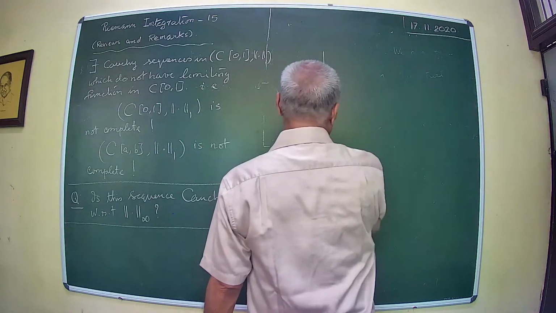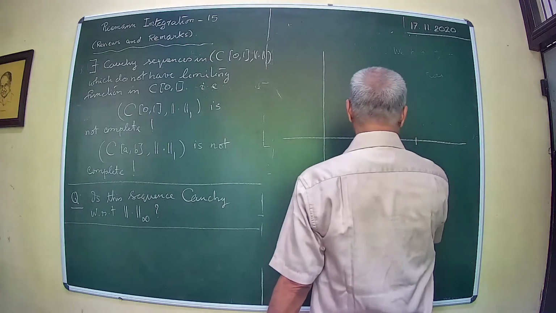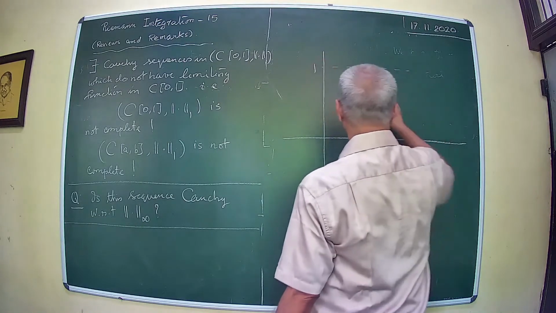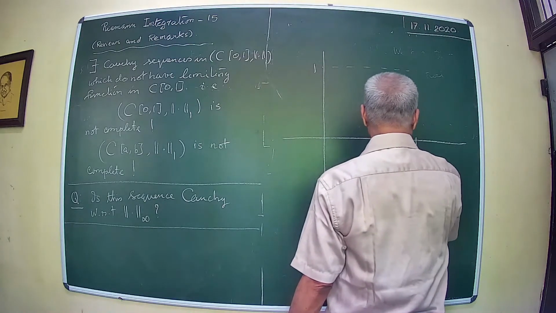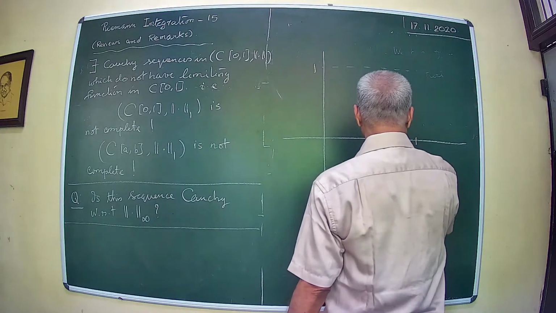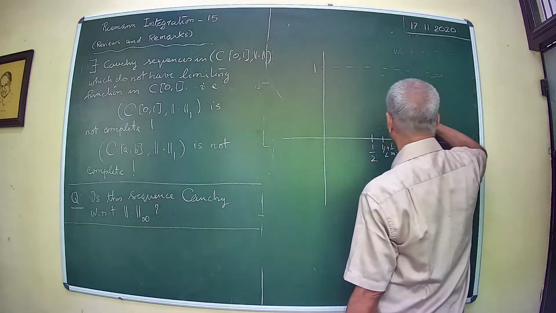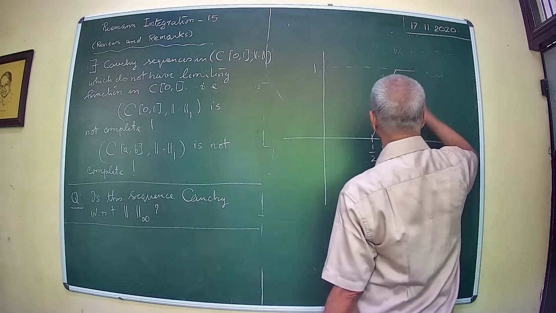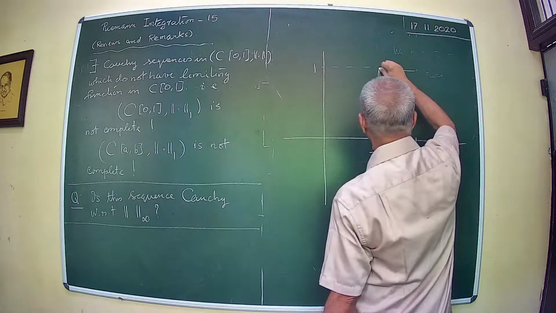Again, we draw the graph. Now you see that this is 1/2 plus 1 by n. So this is the function that you have. This is one function. The other one is this other function.